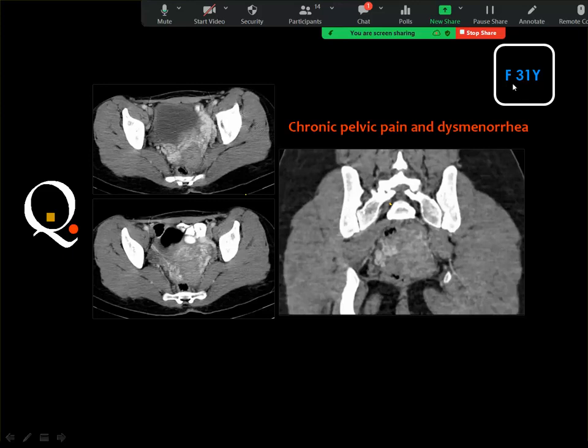Next case is a female patient, 31 years old, with chronic pelvic pain and dysmenorrhea.